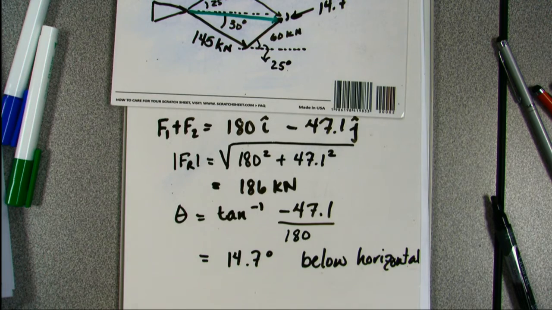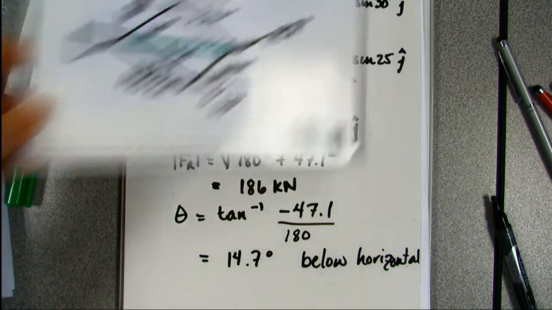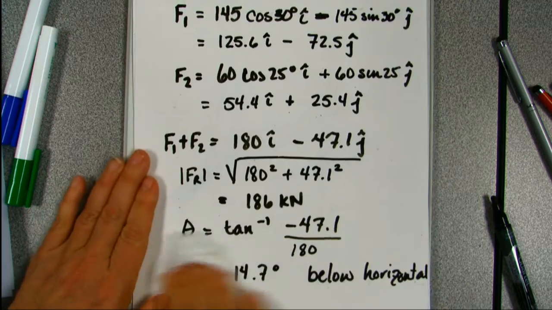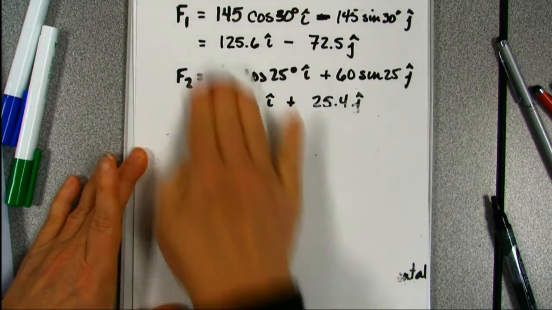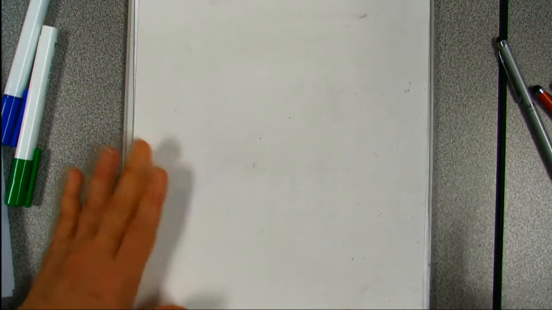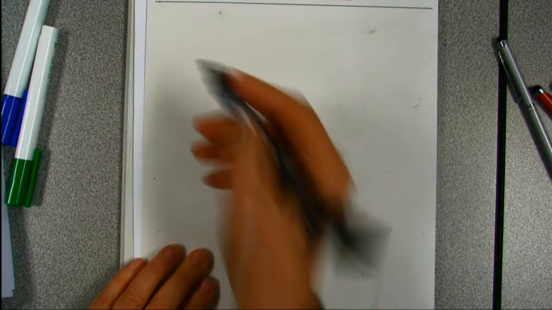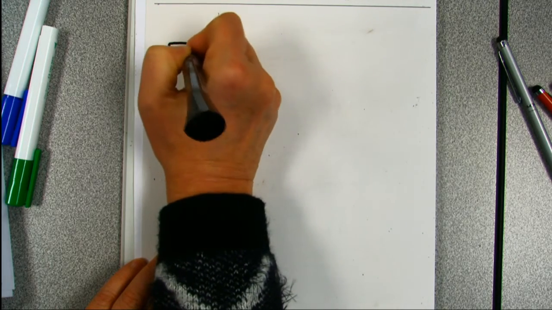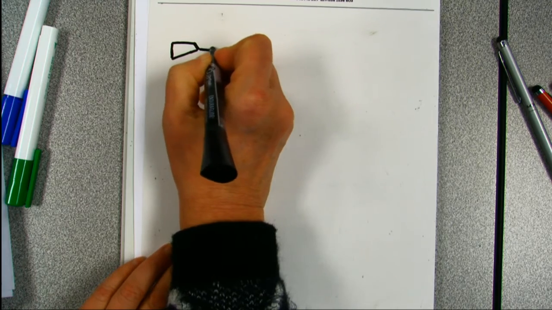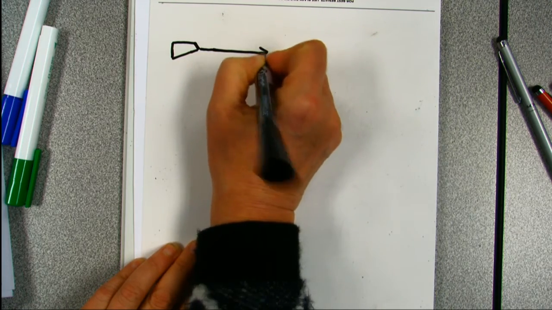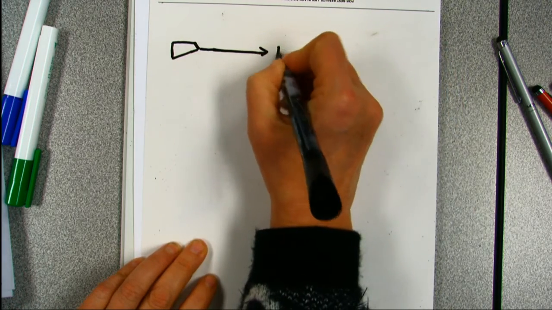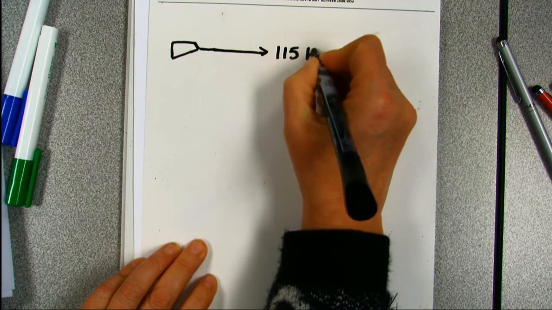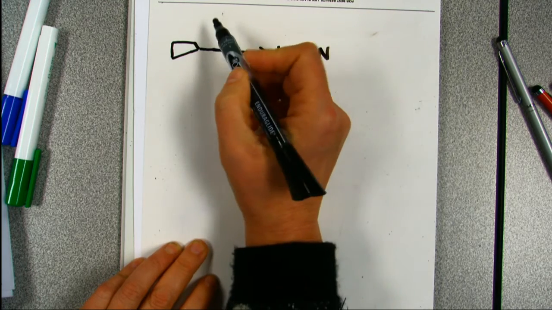Okay, we'll do a little bit of expansion. A little bit change up here. We're going to do the similar thing with the boat. So I got my little boat here. This time we know that the resultant force has a magnitude of 115 kilonewtons.